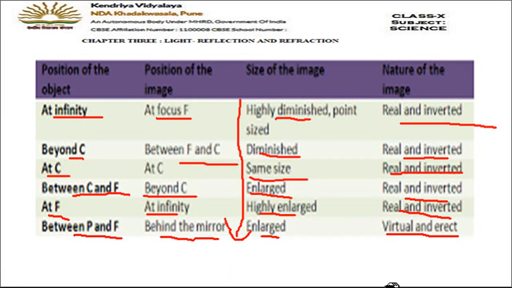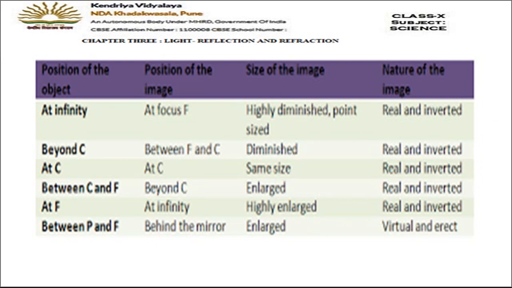Before it was highly diminished, then same size, then enlarged, highly enlarged, and then again highly enlarged. As the object is coming closer to the mirror, the size of the image goes on increasing and increasing. Okay, so this was all about the characters of the images which are formed by the concave mirror.